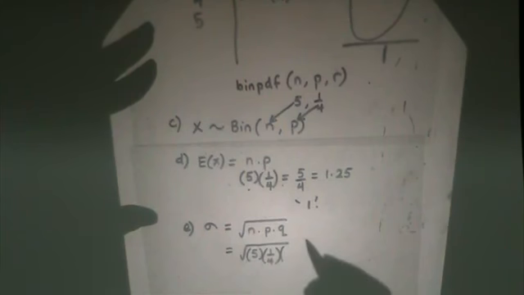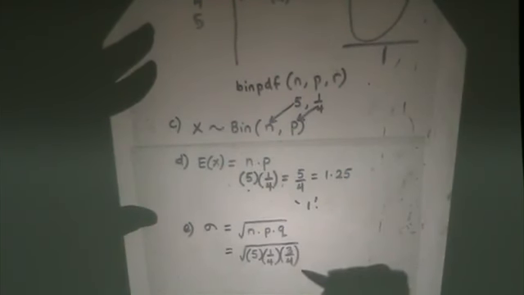Part E, find the standard deviation, the typical deviation from the mean for this random variable. So it's just a plug-in. Sigma equals radical n times p times q. So I get radical 5 times 1/4 times 3/4.